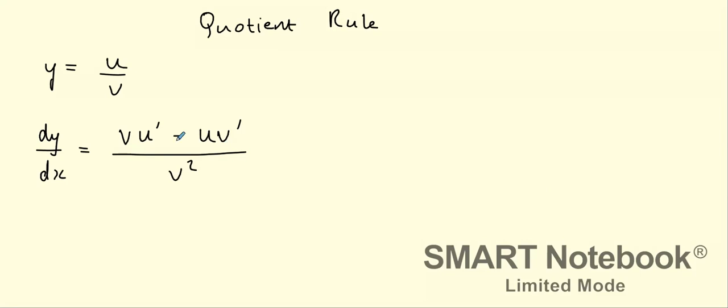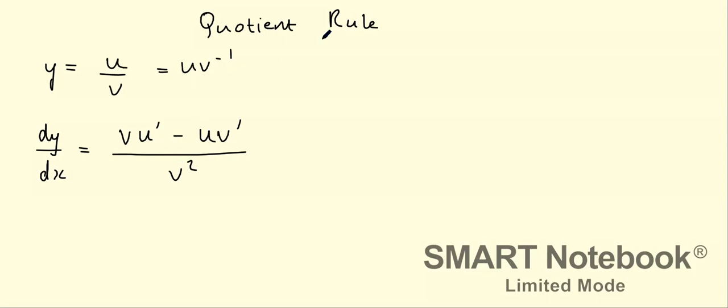Okay, and the proof for this comes from writing it like this and then using the product rule. Because now I've got product of u times by v to the power of minus 1. And if I use the product rule on that, we get the quotient rule. You can probably do most quotient rule things using the product rule.